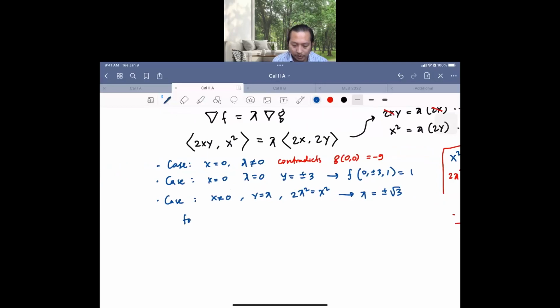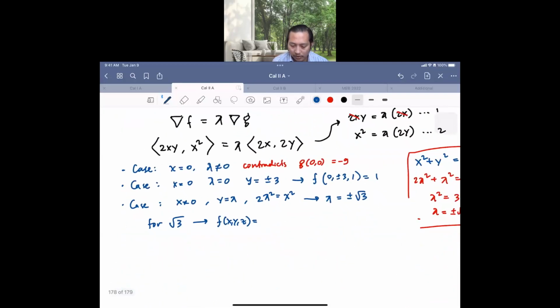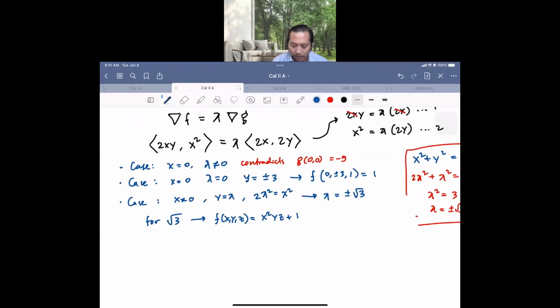And then we check for the positive square root of 3. We check f(x, y, z), which is x squared y z plus 1. So we could have x equal to plus or minus square root of 6, y equal to square root of 3, and z equal to 1. So this is 6 square root of 3 plus 1.